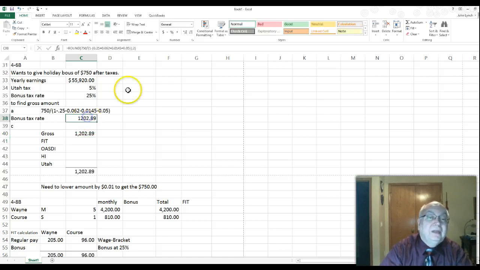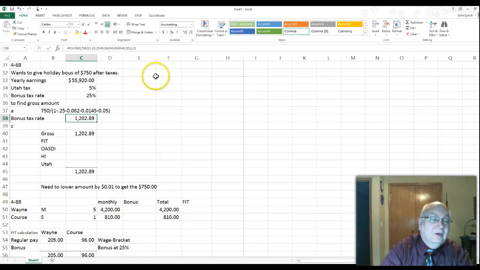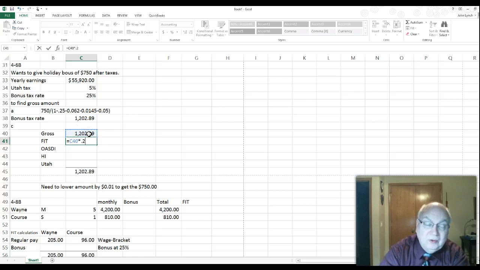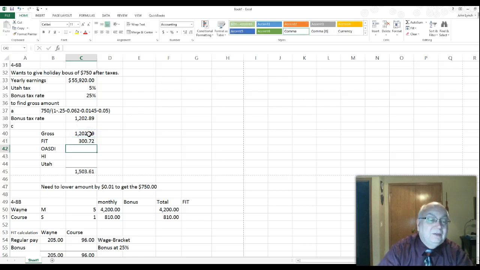This is your check. Just make sure you check it because it may or may not work correctly. The federal income tax, remember, was this number times 0.25. So that gives you a negative, let's put a negative in there. So it gives you a negative 372.